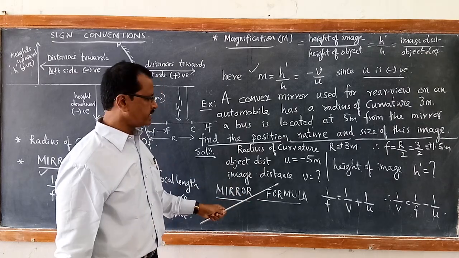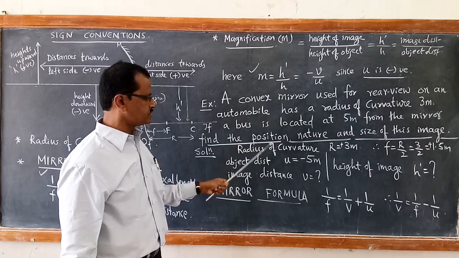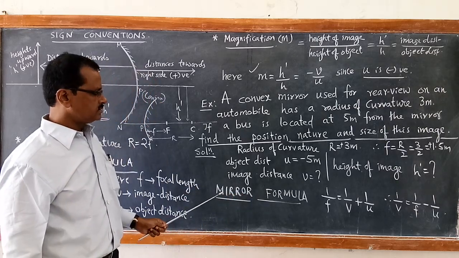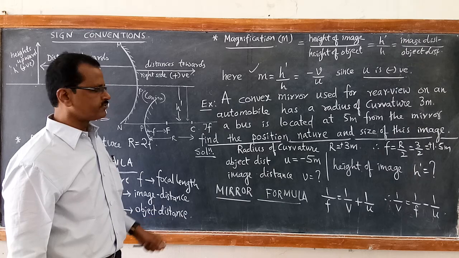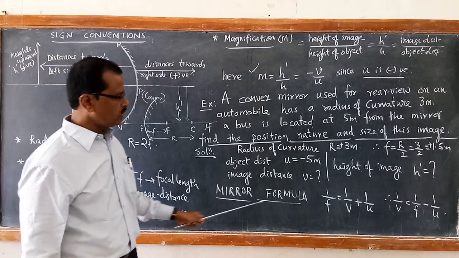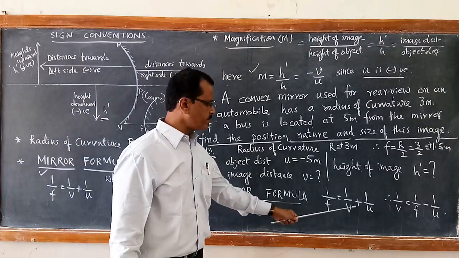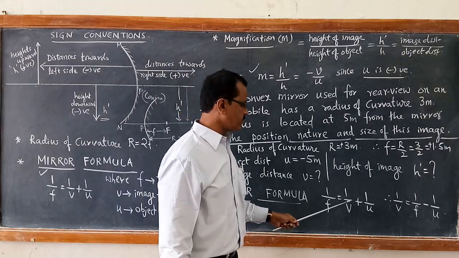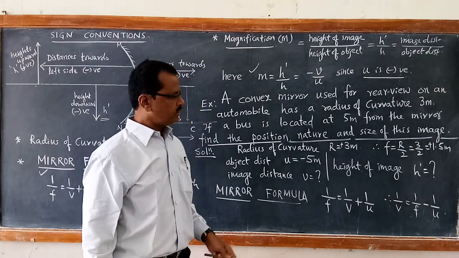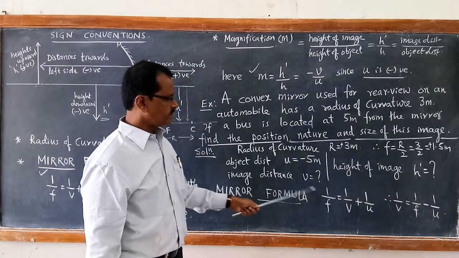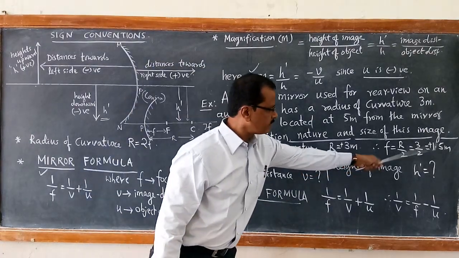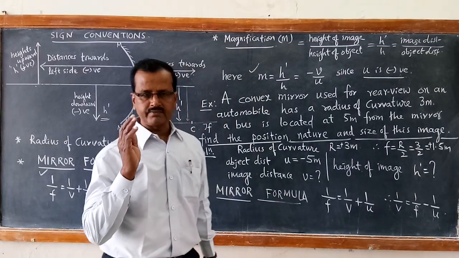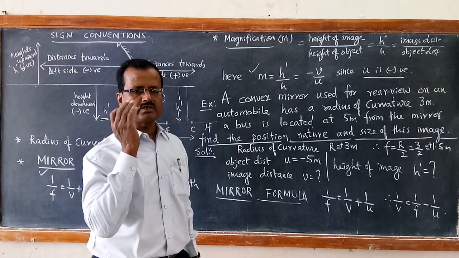How much are we required to calculate? Position of the image means the image distance. So for that we make use of the mirror formula. Mirror formula is 1 by v plus 1 by u equal to 1 by f. We are asked to find out v. F is 1.5, u is minus 5 meter according to sign conventions, because the object should always be towards the left side.